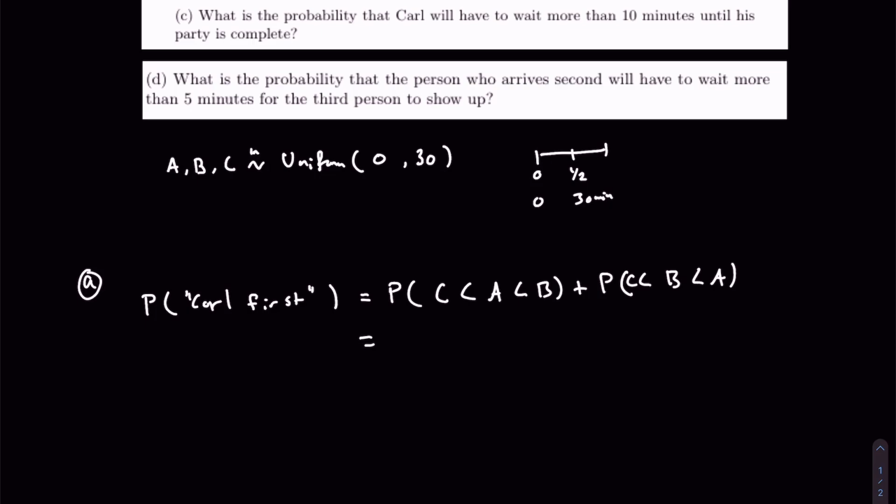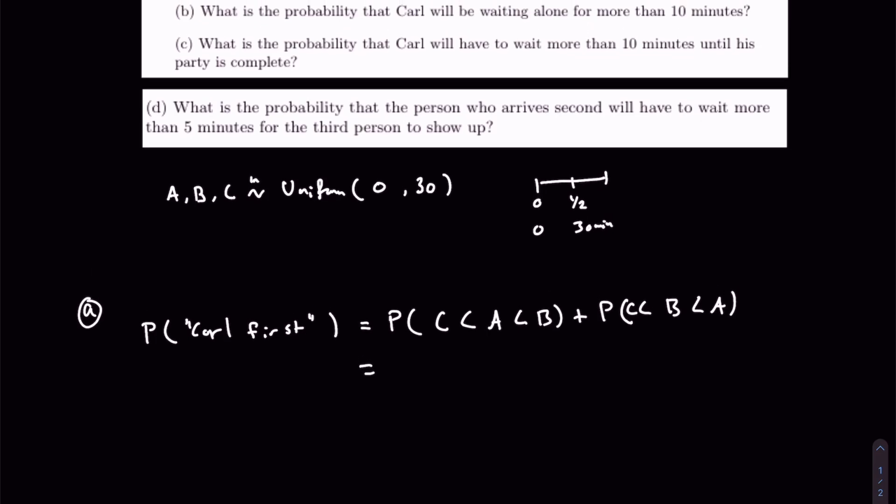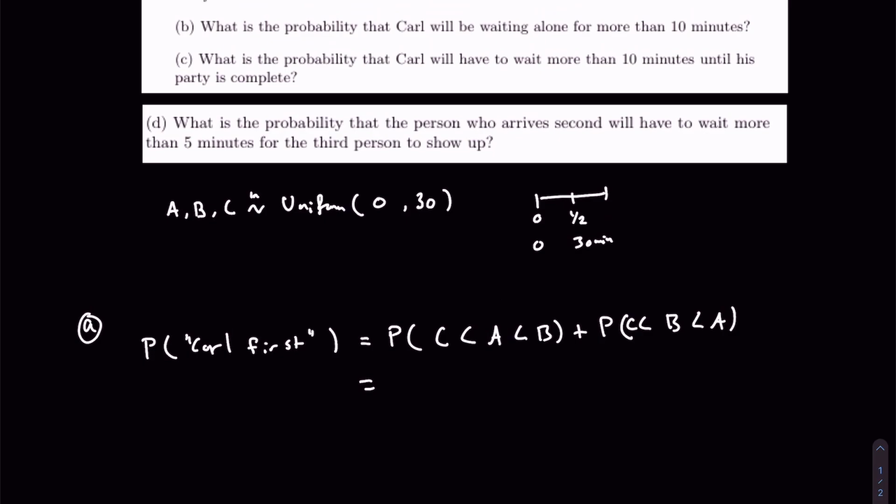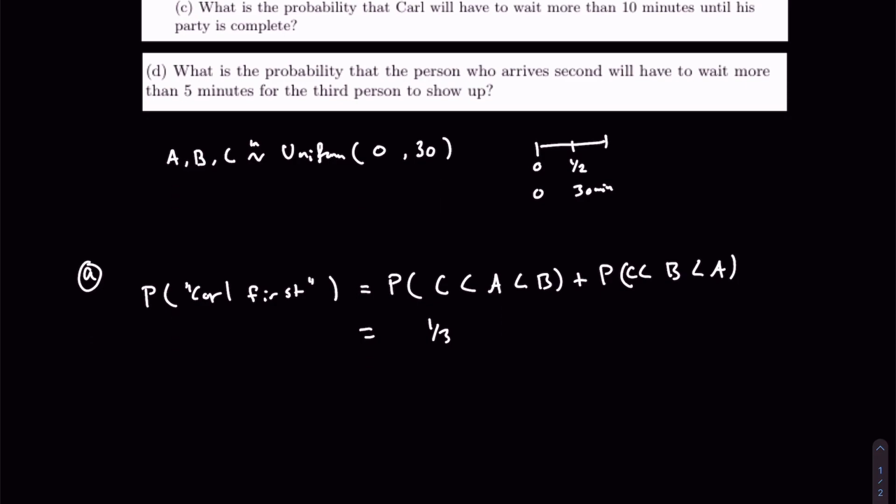And now, because things are uniform and independent, the probability that this event happens is 1/3. I mean, that is basically what this is saying. We have a naive definition of probability. Everything is equal. So C being in this position or that position or this position is just 1/3.